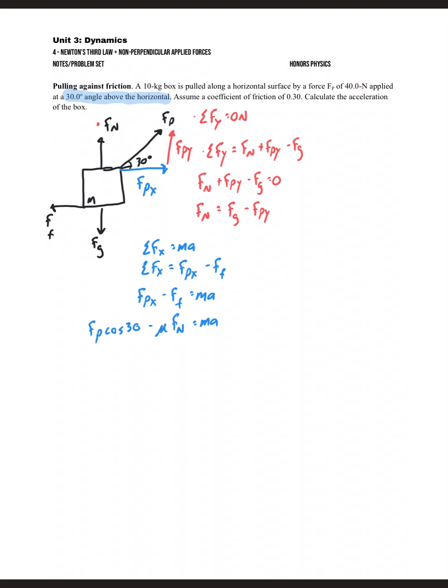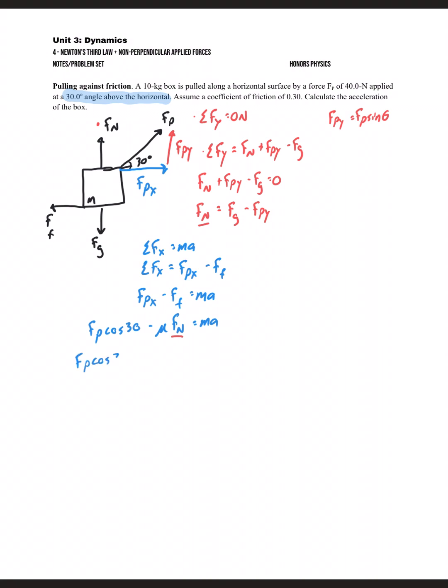Equals ma. Now we just finished working on the normal force. Normal force over here is actually Fg minus Fpy. That Fpy, I'm going to write up here real quick, is just Fp sine theta, or in this case sine 30. So I'm going to go ahead and write all that in.